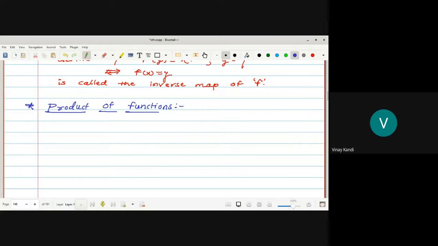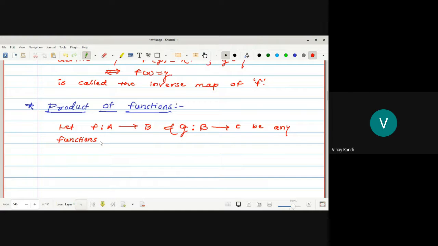Definition: let f be a function from A to B, and g a function from B to C. Let f be a function from A to B, and g a function from B to C, be any two functions or any two transformations.